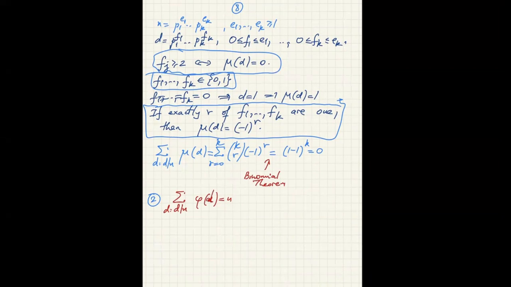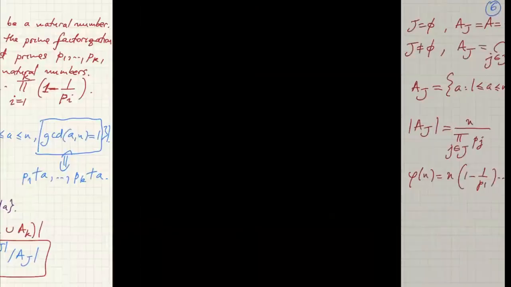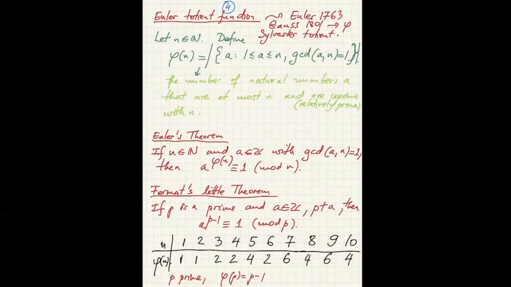And this is not something that you may have thought about, but if you play a little bit with it, let's do some example here. If I take my n to be 6, if I'm summing phi of d over all the divisors, how does this work? Let me see here.